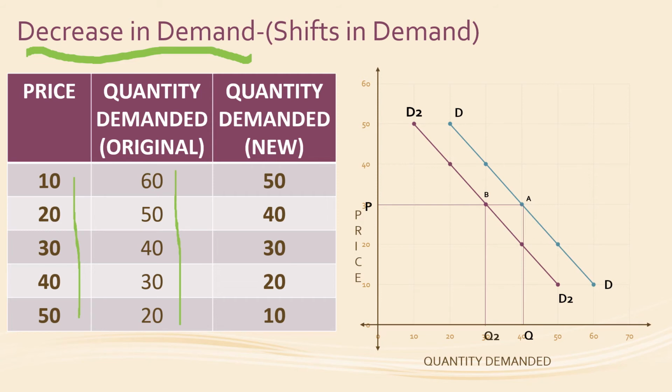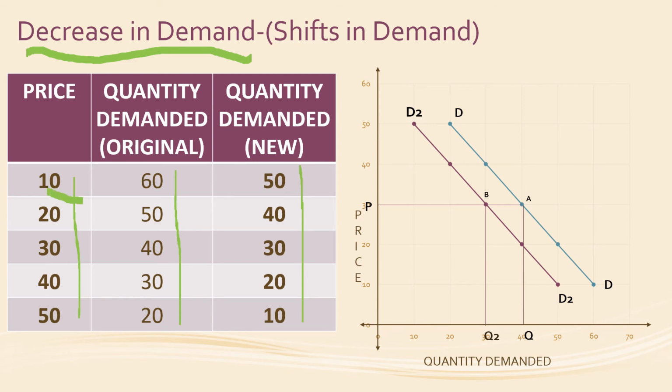Perhaps the price of the related good has fallen, so he shifts his demand to the related good. Perhaps he has an expectation that in the future the price of this commodity may fall, and so he reduces his demand now so that he can buy it when the price falls in the future. So therefore the consumer defines a fresh new quantity demanded at various possible prices.